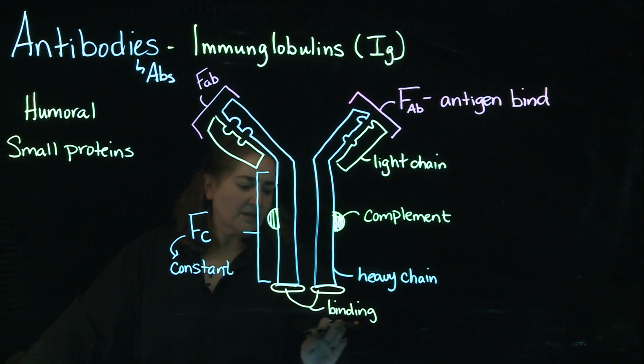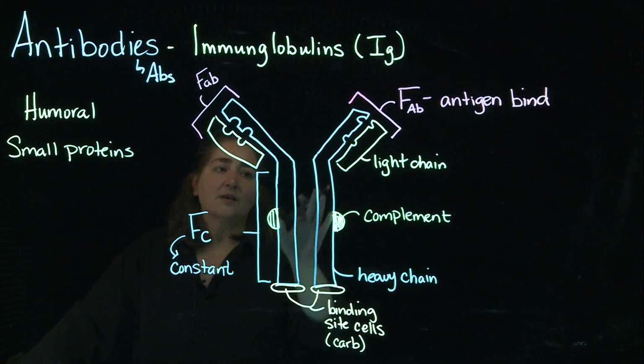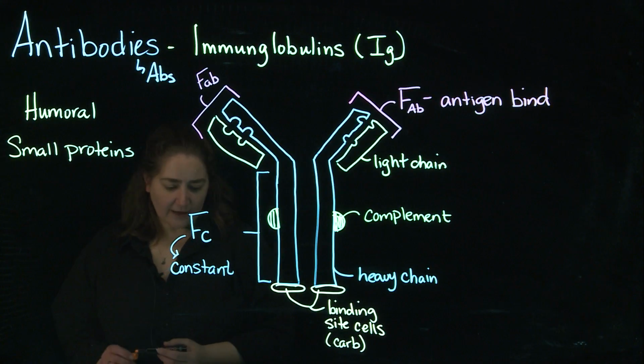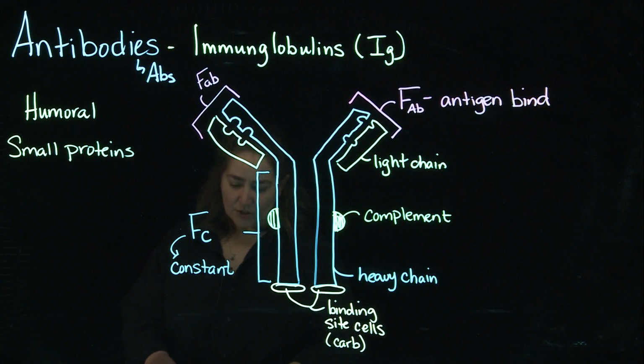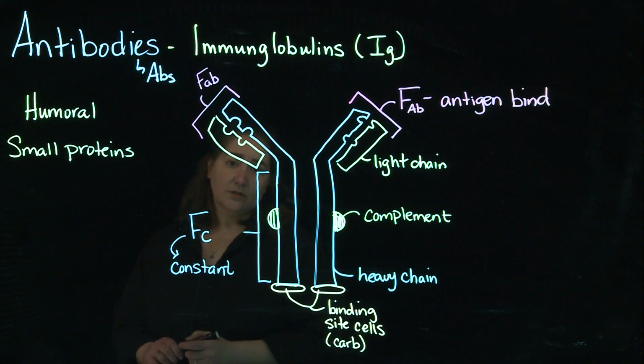This is going to be our binding site for cells, and usually what makes this up are some glycoproteins, some carbohydrates. Not all antibodies have a region that attaches to a cell. Some antibodies are free-floating, but some do have the ability to bind to specific immune cells.